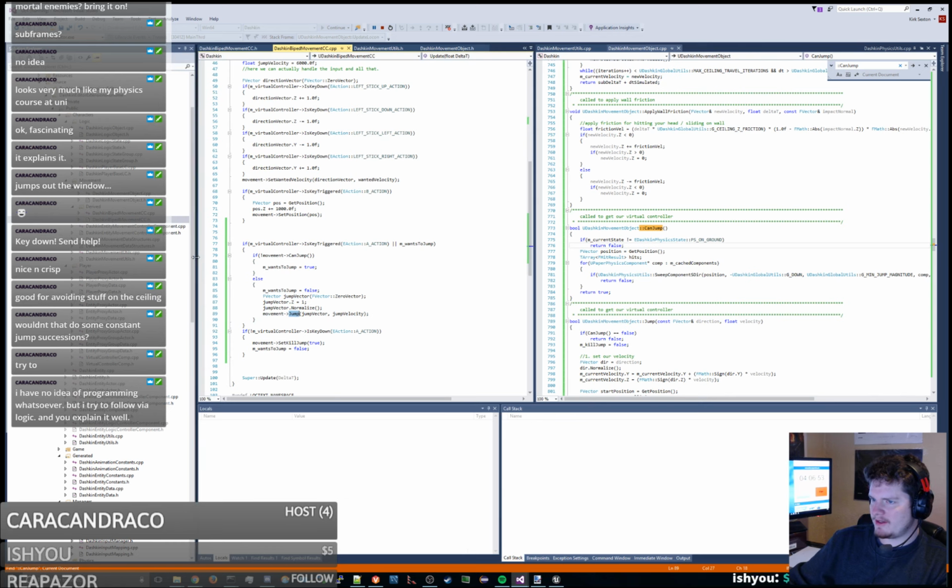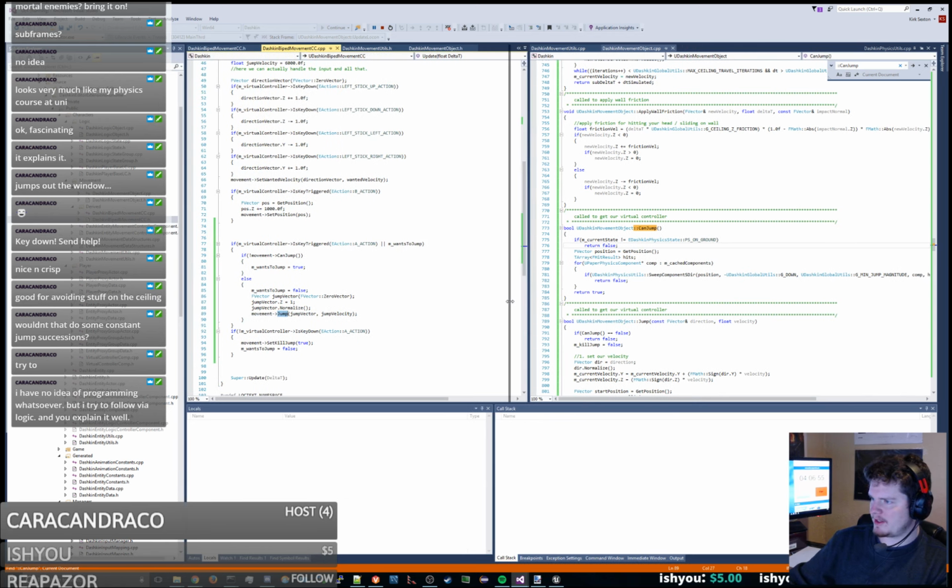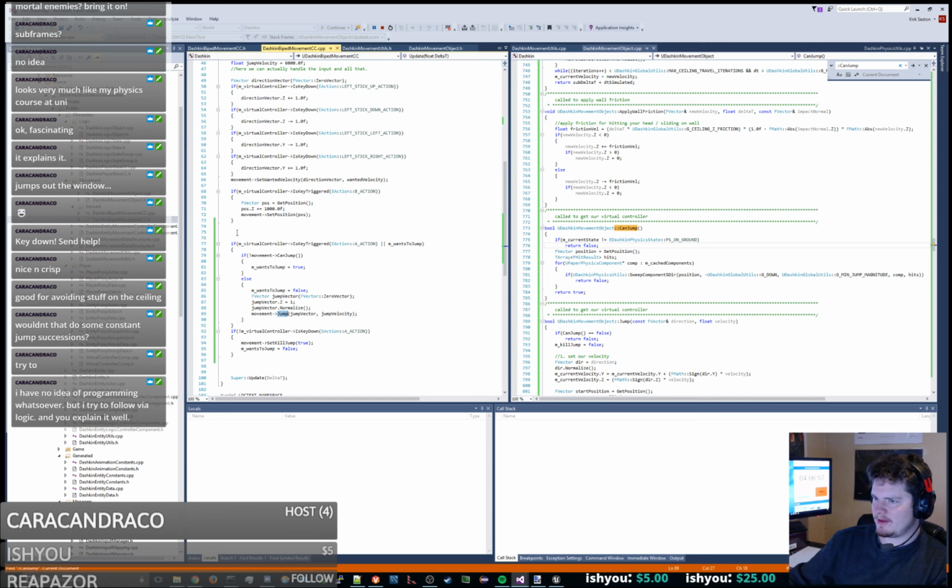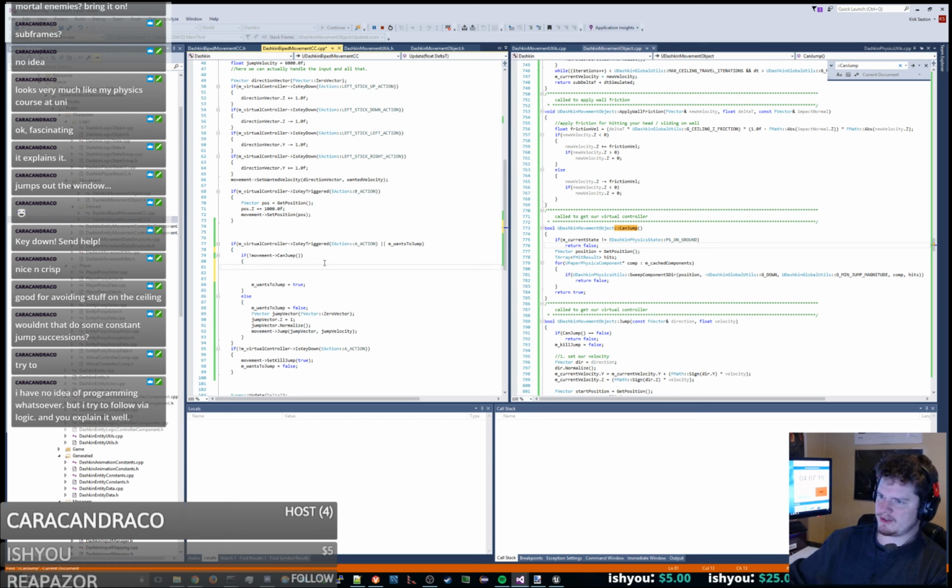There's definitely a jump cooldown that I need in there. It should only have, like, wants to jump for a very short amount of time. If we can't jump, then we're going to want to set our jump timer.